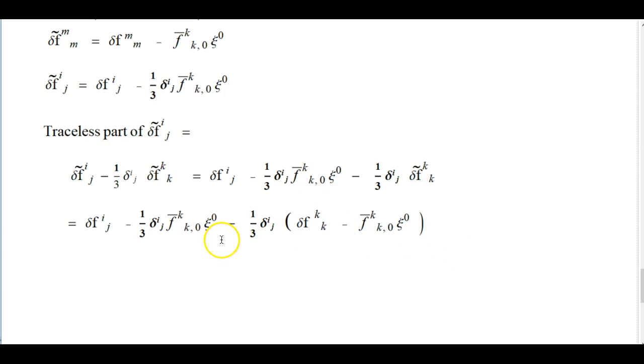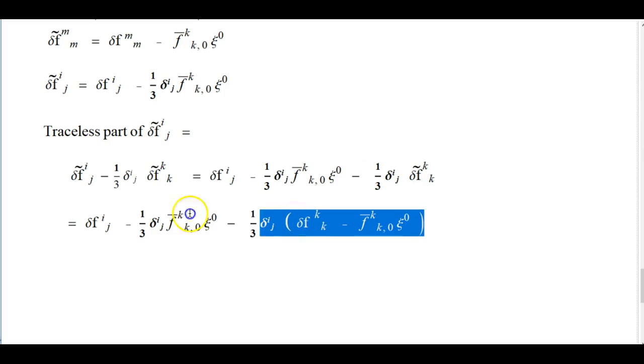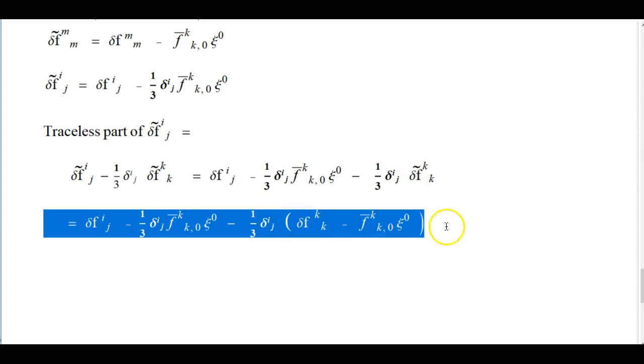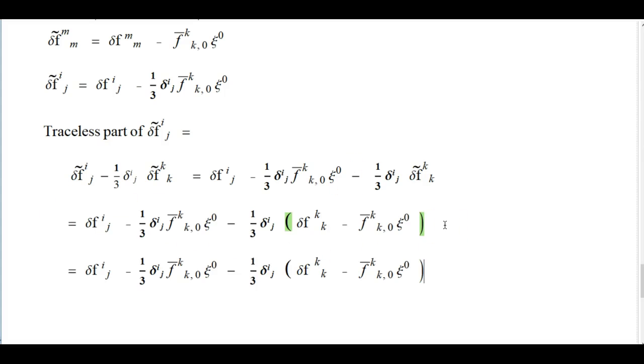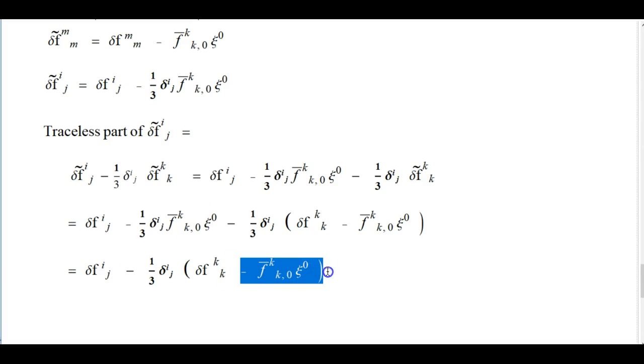Okay, now here you can see that the second term and fourth term cancel each other. So this greatly simplifies to, this is gone, 2 is gone.